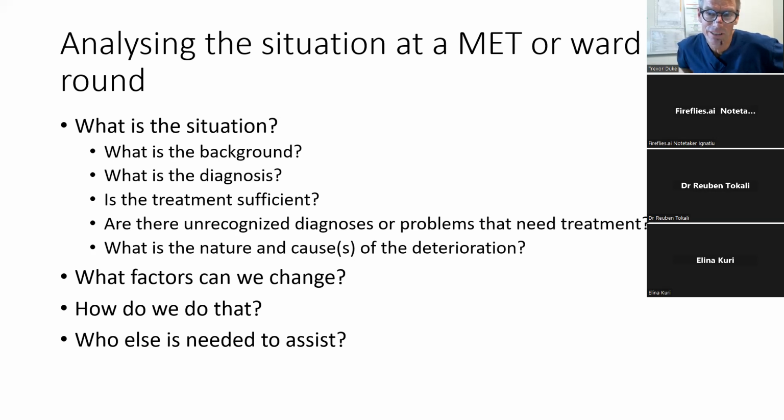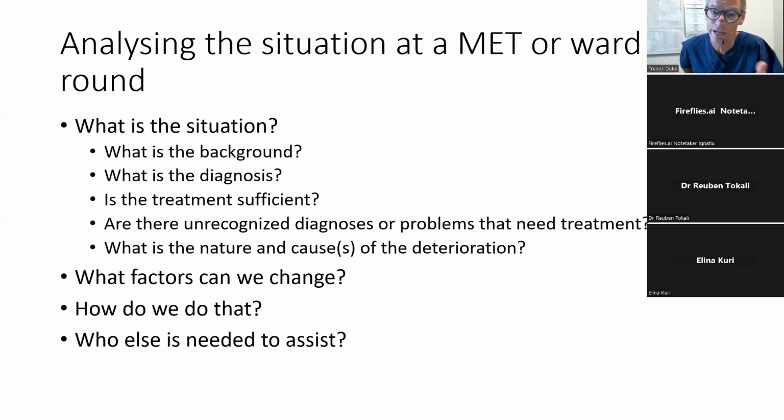When we ask what the situation is, we need to be asking what's the background of the child, what's the diagnosis, is the treatment that the child's receiving sufficient? Are there some unrecognised diagnoses or problems that need treatment? Maybe some diagnosis hasn't been identified or it's been missed.